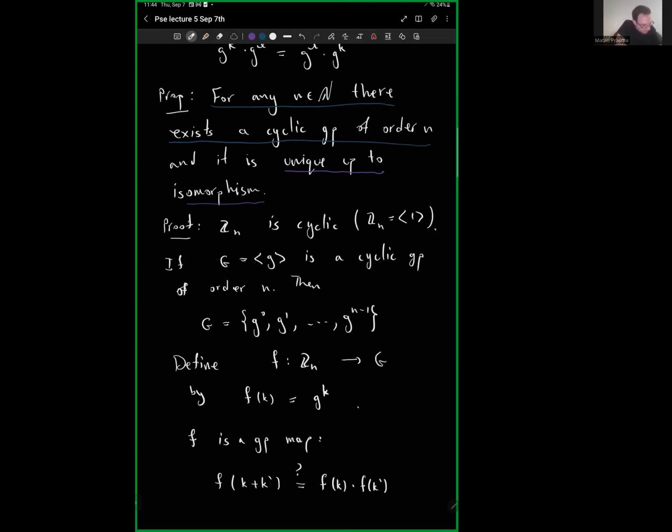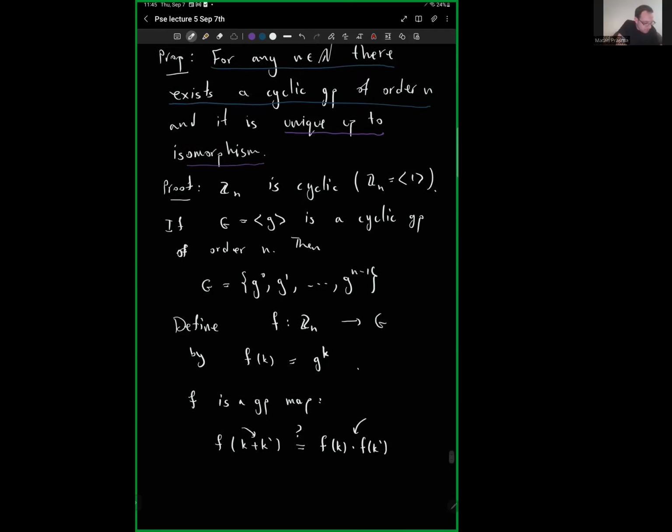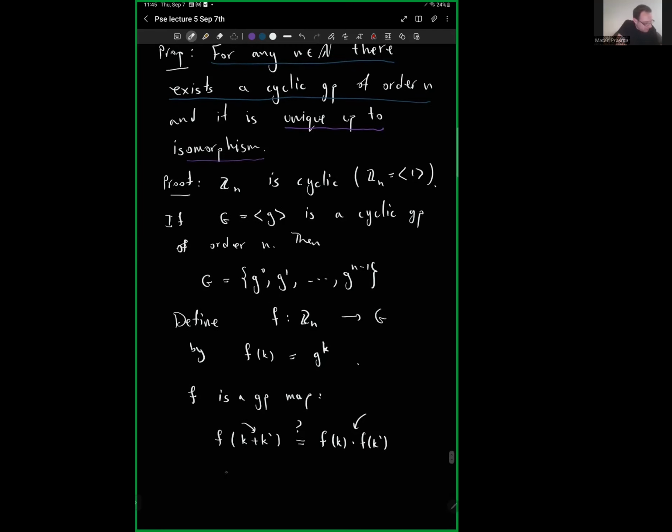Because again, the operation in the domain group is plus, and the operation in the target group is multiplication. But f of k plus k prime is simply g to the k plus k prime. And this is, of course, equal to g to the k times g to the k prime. So f is a group map.